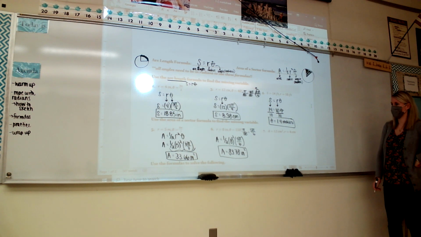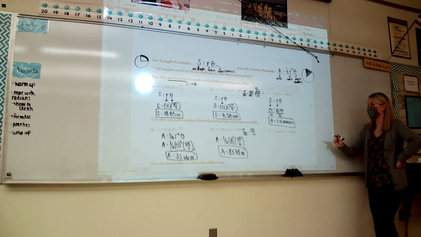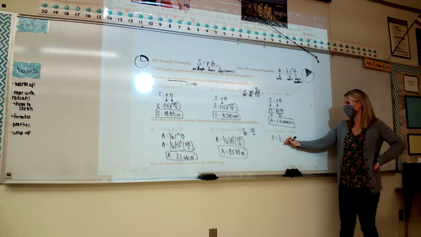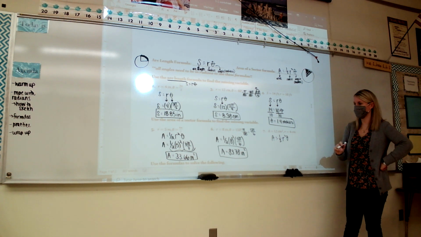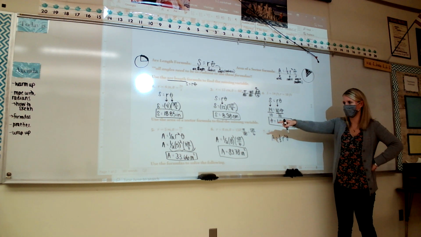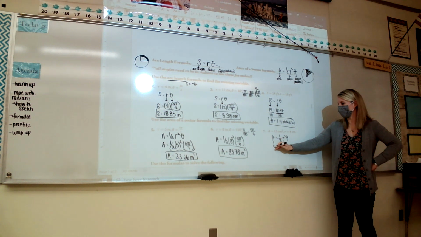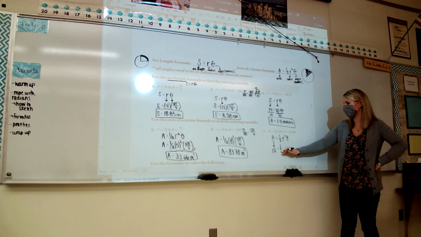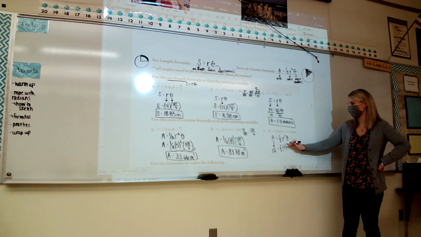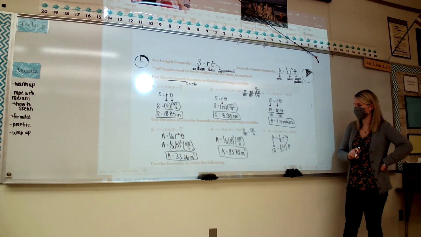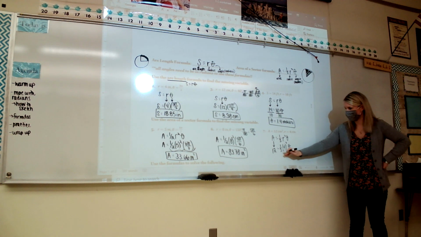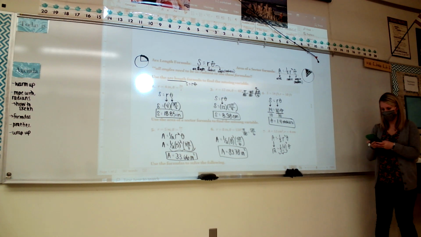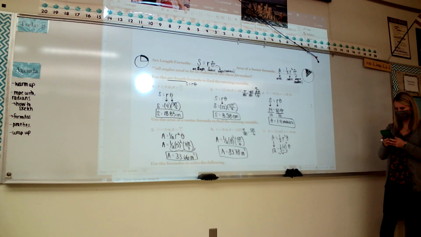And then last but not least, we think about our formula. We plug in what we know, so don't just assume. A is 12. r is 4. I don't know theta. So what's 1/2 of 4 squared? That would be 8, right?